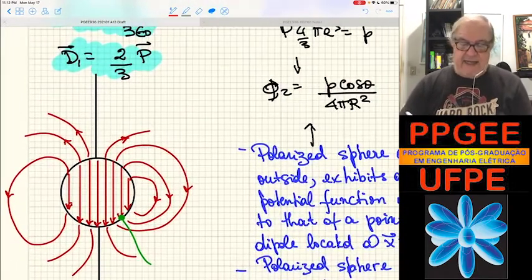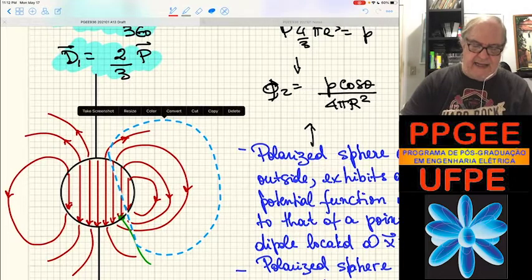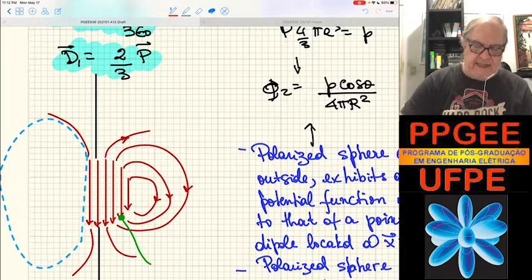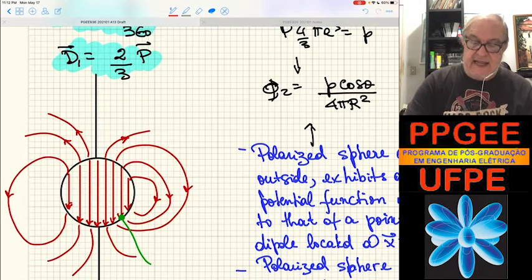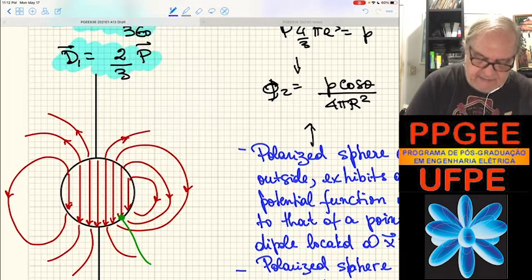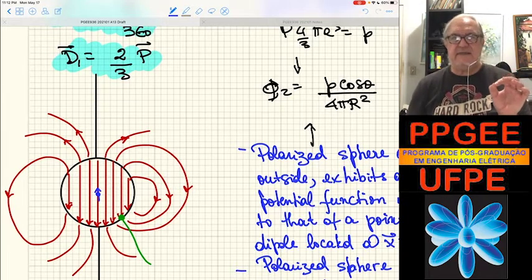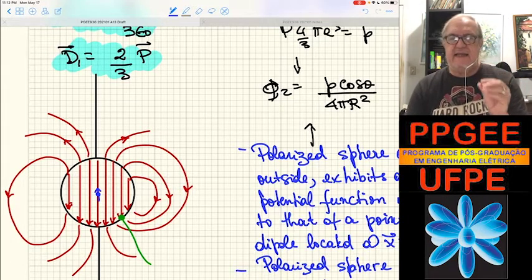And outside, the potential is that due to a point dipole at the center, right? It's as if we had a point dipole right in the middle. The potential outside is identical to that of a point dipole located at x equals 0.